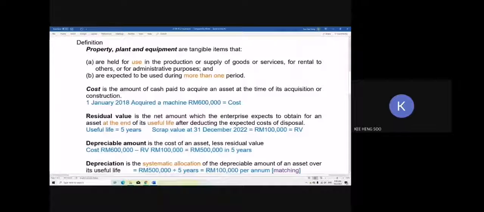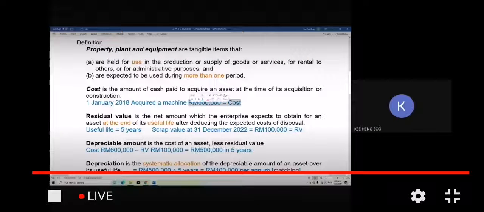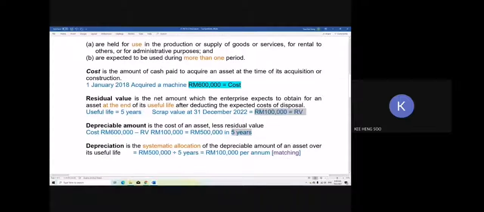So if I got an asset that cost 600,000, and I know that the residual value is 100,000, this one is all estimate. Look at here, the cost is confirmed, but the rest is all estimate. 100,000 is an estimate, 5 years also an estimate, not accurate.